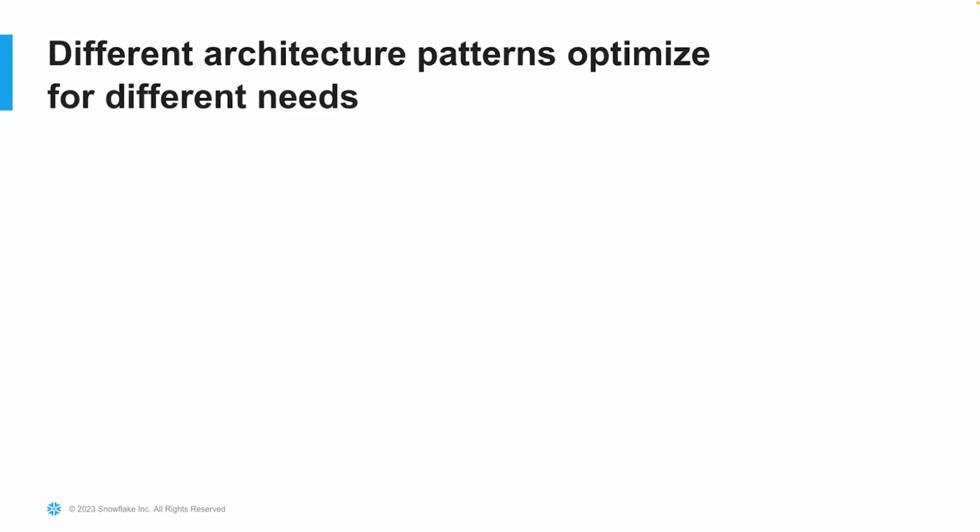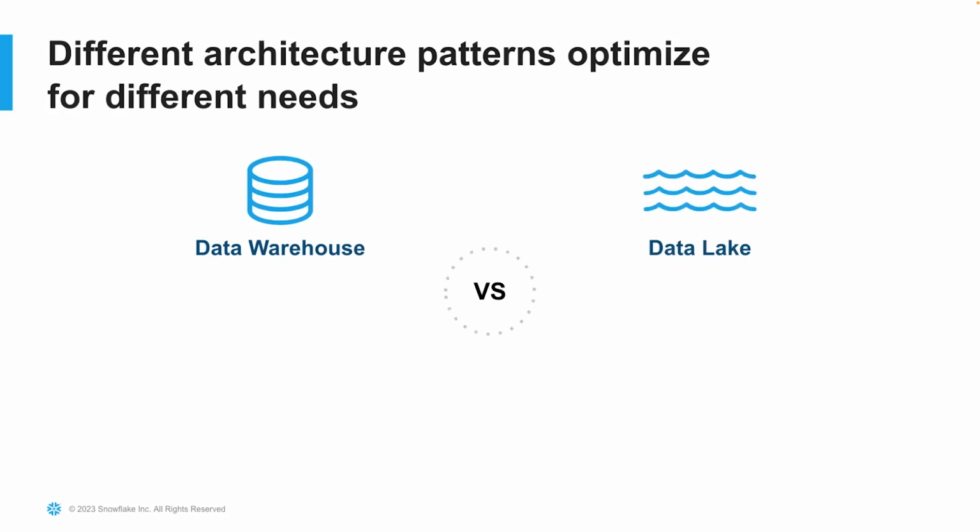Various architecture patterns emerged over the years, each purpose-built for different priorities and use cases. Back in the 1980s, data warehousing emerged as the storage pattern for supporting organization-wide analytics on structured tables. Then in the late 2000s, data lakes emerged as the pattern to accommodate a large volume and variety of data.